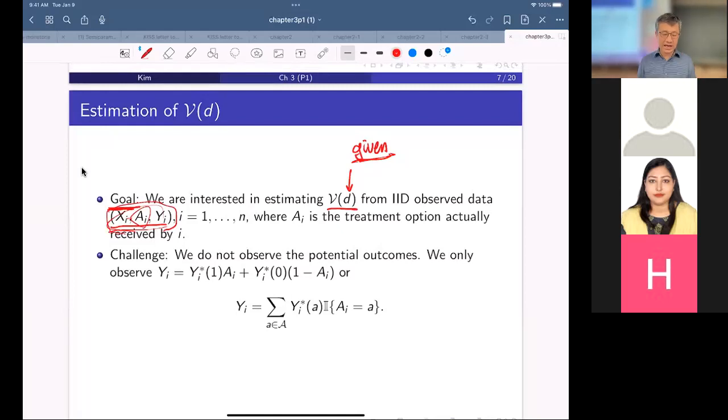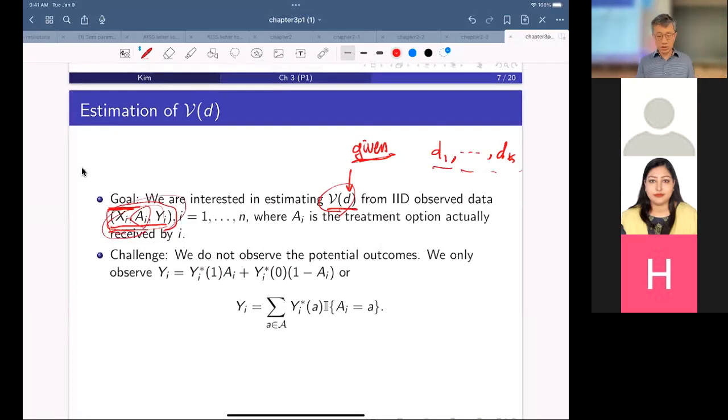This A doesn't have to be obtained from D, because I will actually change several Ds, right? So I will choose multiple Ds and compute the value for each different D. But how can I use the single data?